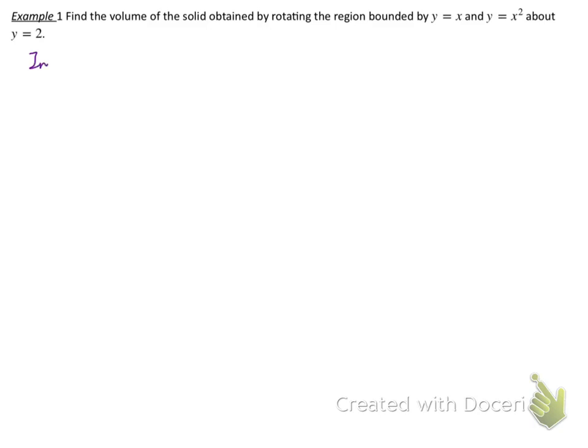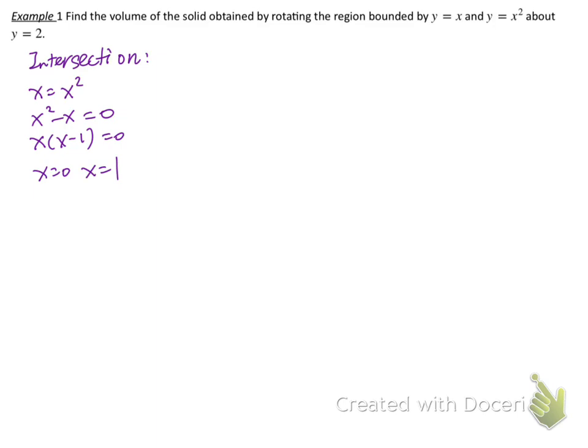So first we need to find the intersection point. That's where x equals x squared, so x squared minus x equals 0, x times (x minus 1) equals 0, x equals 0, x equals 1. So here we have x equals 0 and x equals 1.